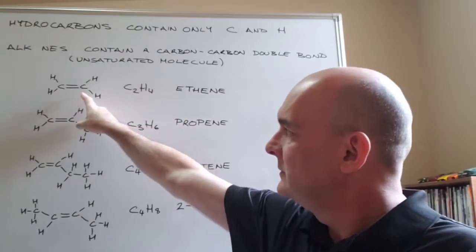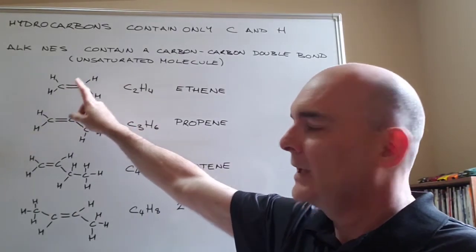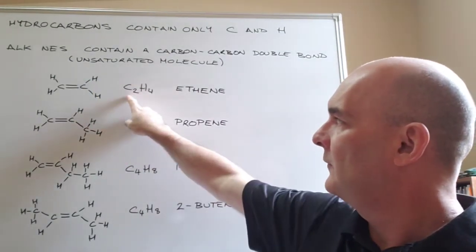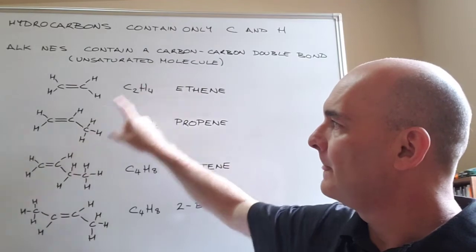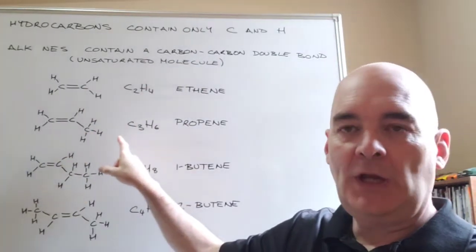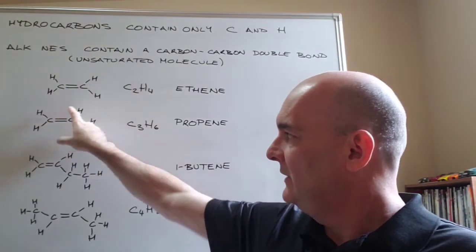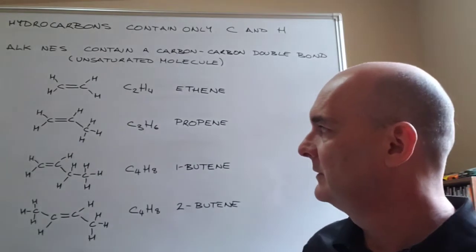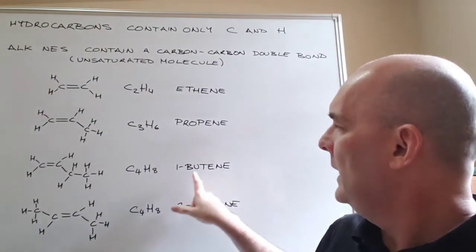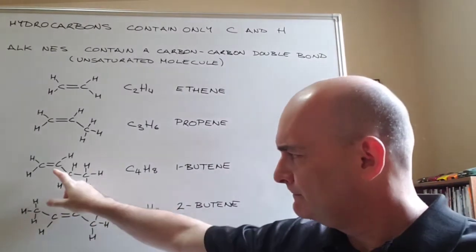Two carbons stuck together with a double bond. Each carbon has 4 bonds. Each of the hydrogens has 1 bond. I have a formula of C2H4. Propene, 3 carbons. In a chain, there is a double bond, and each of those carbons has 4 bonds, therefore 8 electrons. And then when I get to butene, something happens.